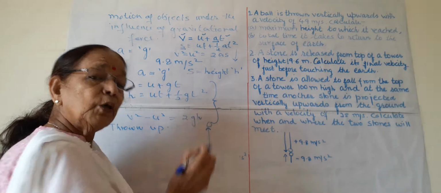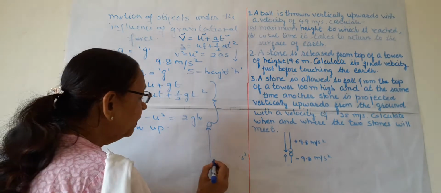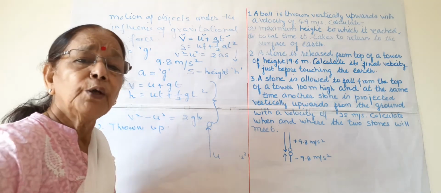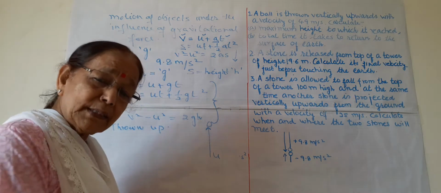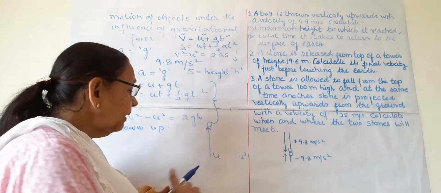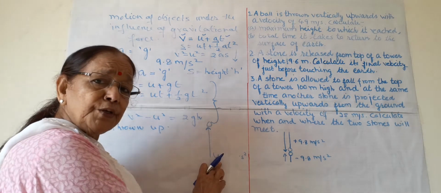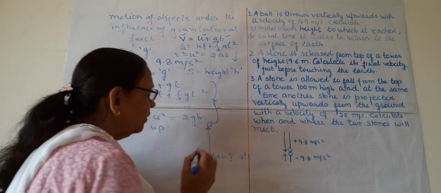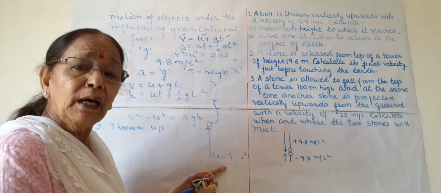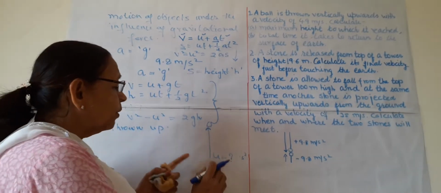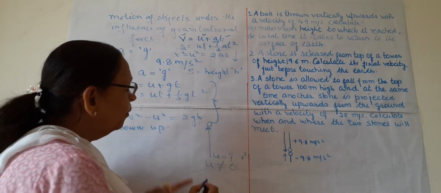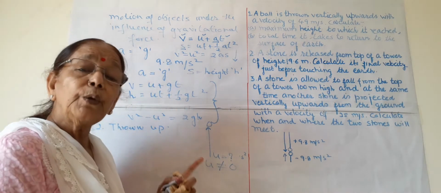So here I have to use my muscular force to throw it up. Some force is there and this force changes into the velocity. So here the velocity should be given in numerical value. Here u is not 0 when the object is thrown up.